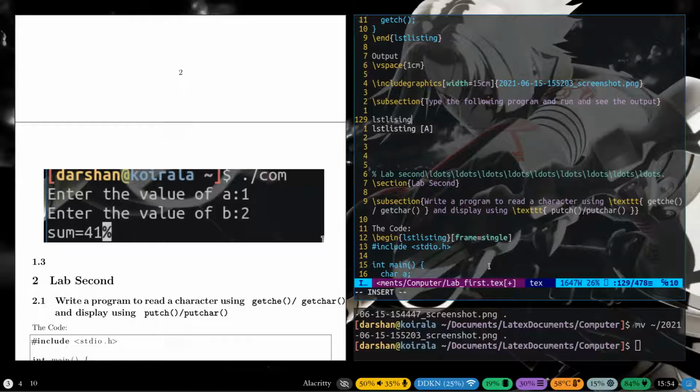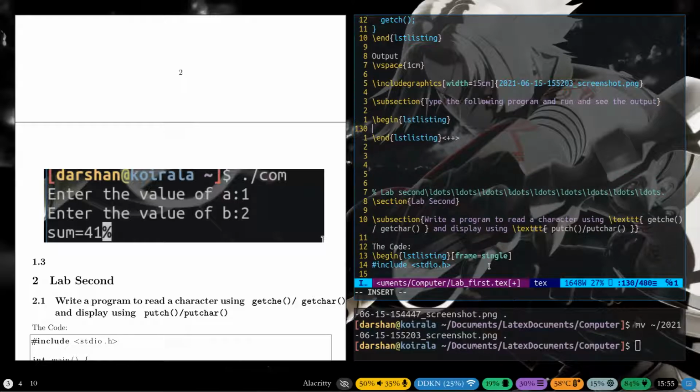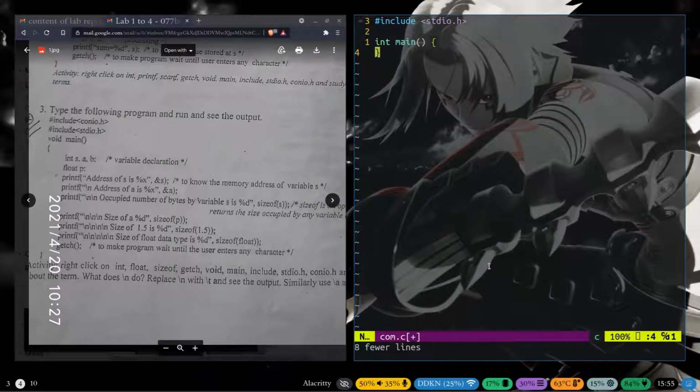LST listing. That is LST listing. Yeah. So you just frame the symbol. Okay, so what is the code?